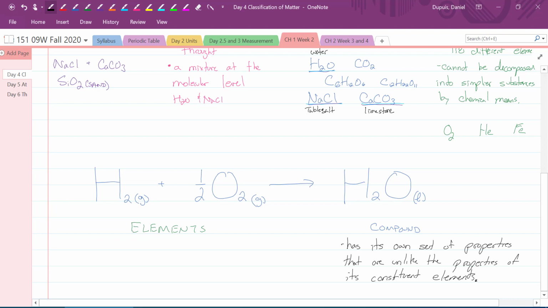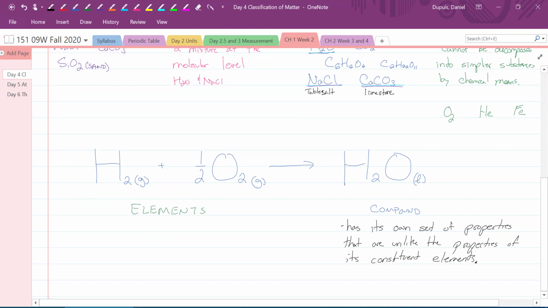We have hydrogen and oxygen. If you had a bucket full of hydrogen and oxygen and you threw a match into it, it would explode, react very violently. If you have a bucket of water and you throw the match into it, the match goes out. These first two are clear, colorless, odorless gases, hydrogen gas and oxygen gas. Sometimes hydrogen tickles your nose a little bit, but it really doesn't have an odor.